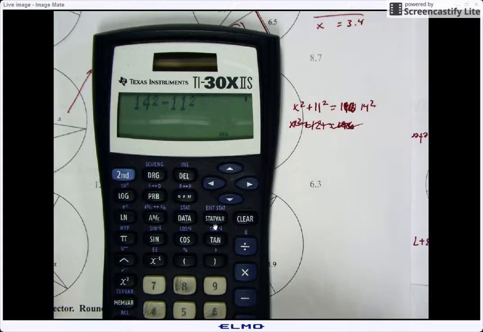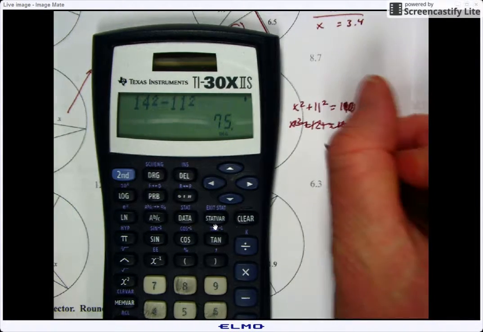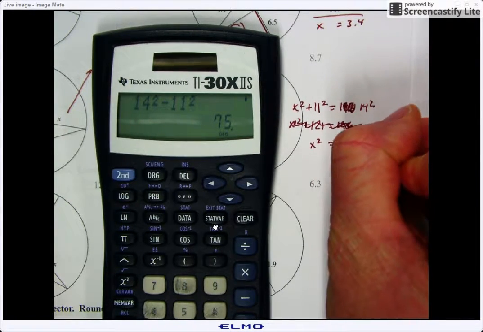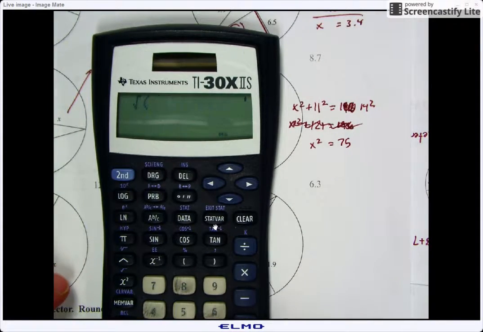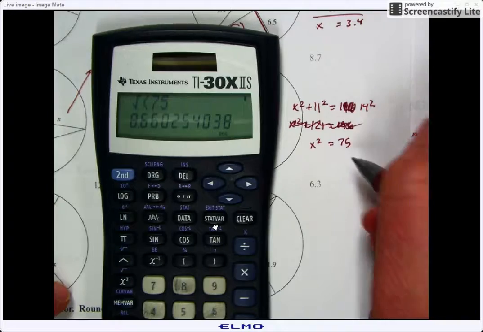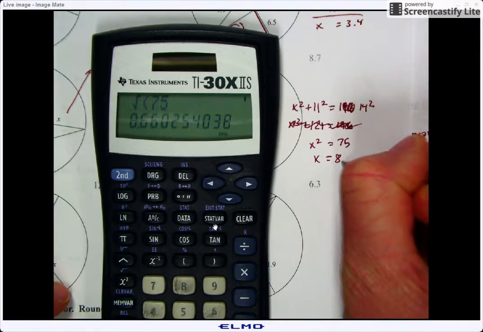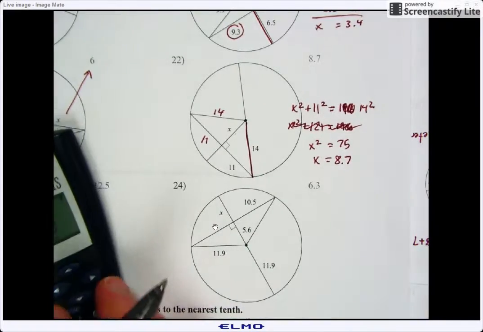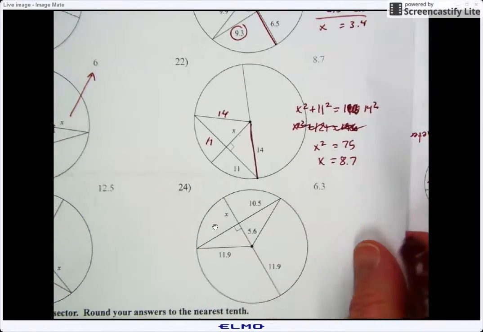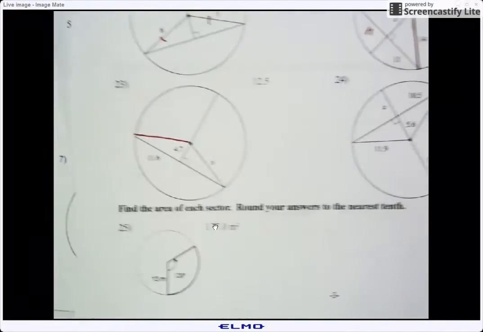And that gives you the 75. You can skip right to this 75. I would suggest writing that much. And then you could take the square root of 75 on your screen. X equals 8.7. Since X is that value, we don't have to do any further steps. Use your calculator to make it faster.